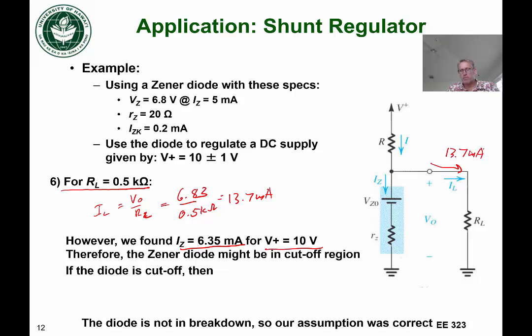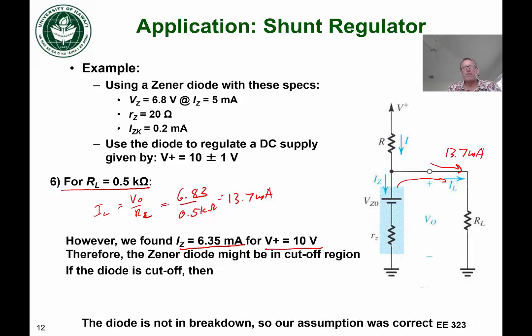And so there's a problem there with how much current can be redirected from the Zener diode into the load, which makes us think that maybe this diode is actually not far enough reverse bias and not in breakdown.